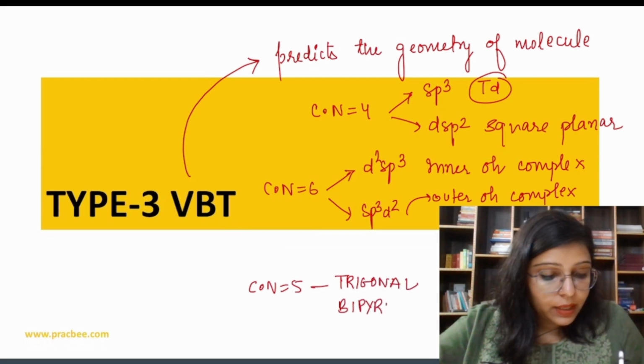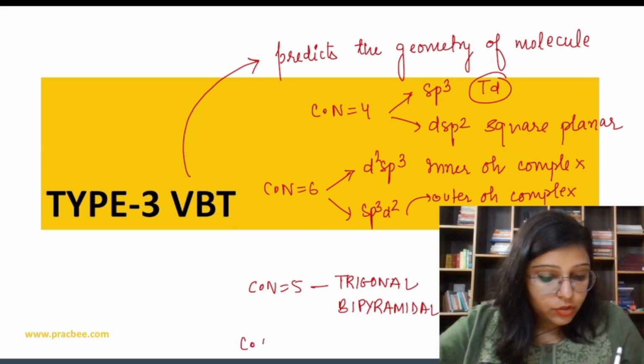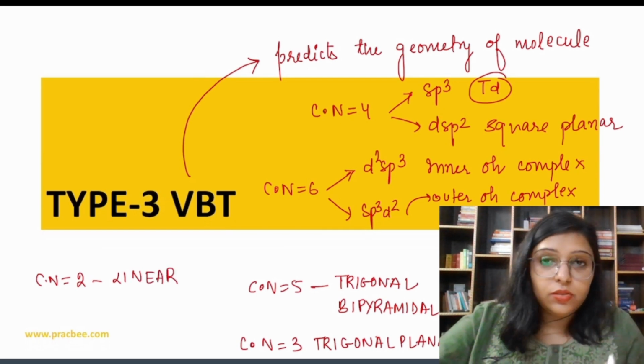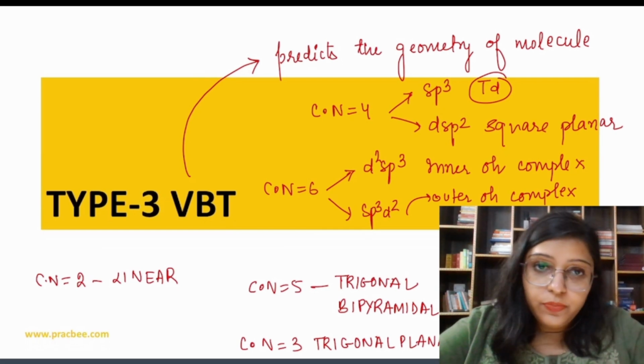If we have coordination number 3, it is trigonal planar. And if we have coordination number 2, the geometry is linear. So we are going to find the hybridization and then predict the geometry.